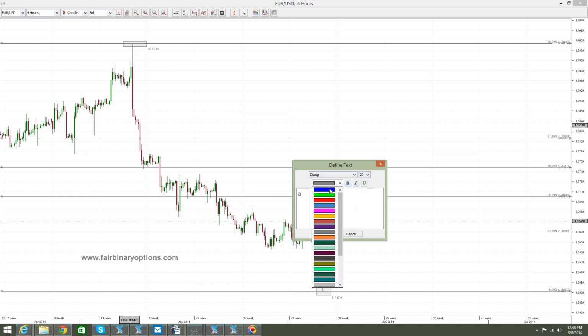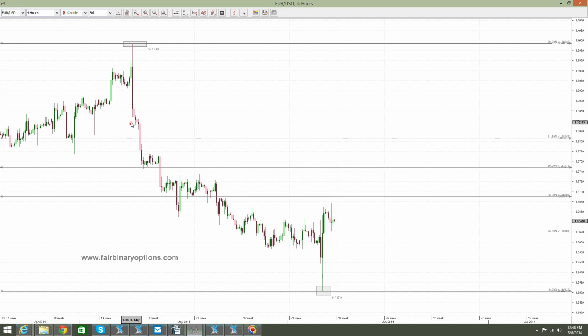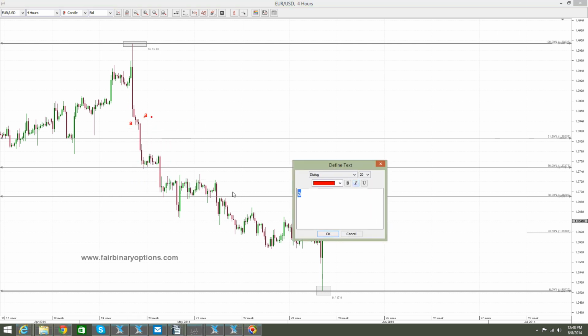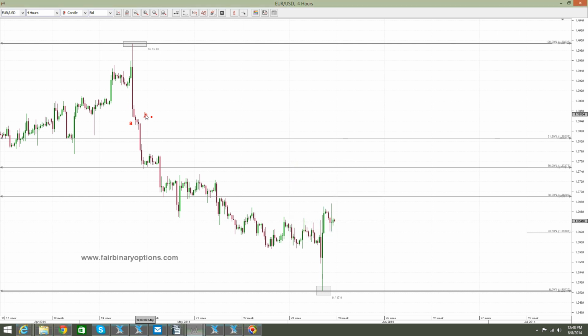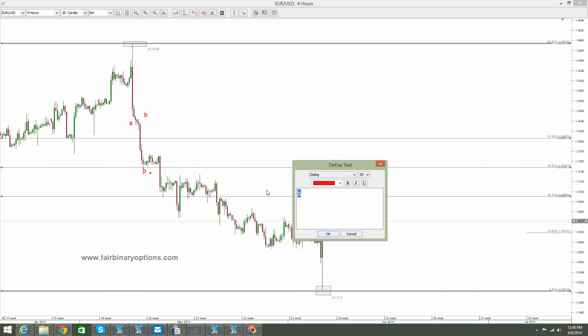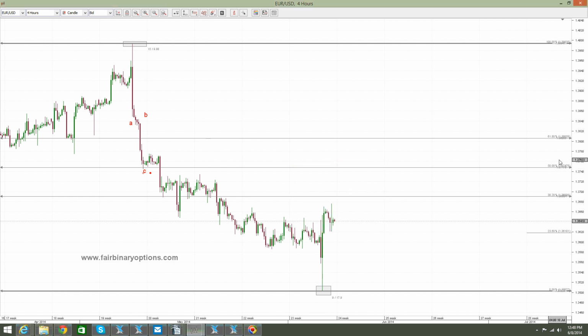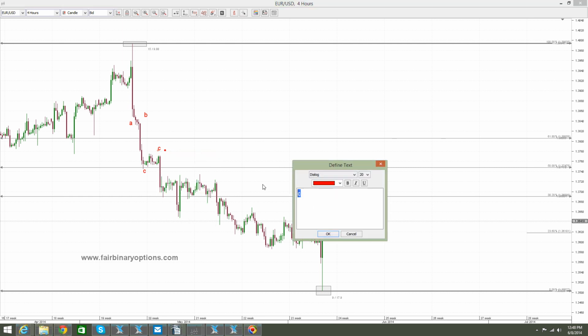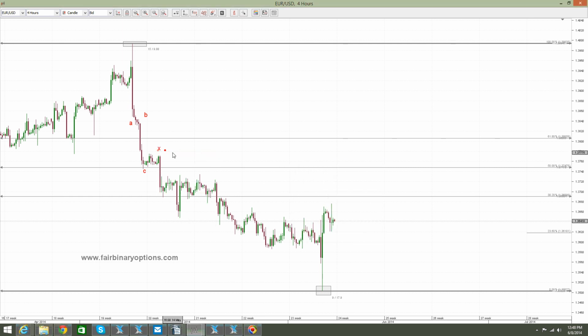So let's say this is wave A, let's make it with red, and the B, and the C wave, A, B, C, all the way the move to the downside, and it goes, as you can see, into the 50% retracement. But we have this information with 50% retracement only after the whole move has been completed. So A, B, C, X wave, a connecting X wave or an intervening X wave, or whatever you want to call it.